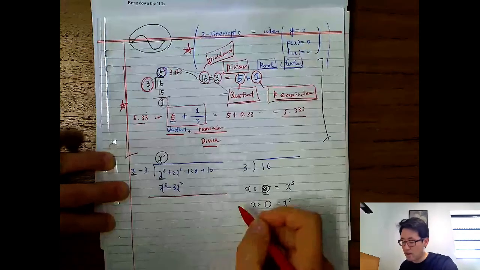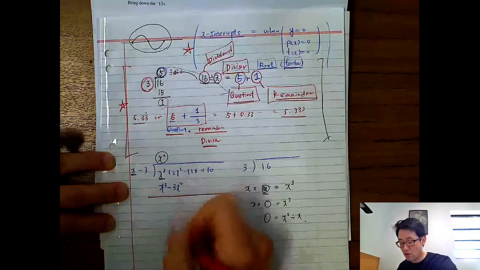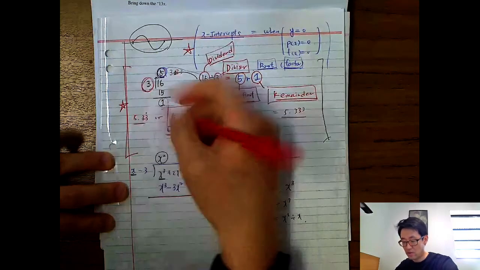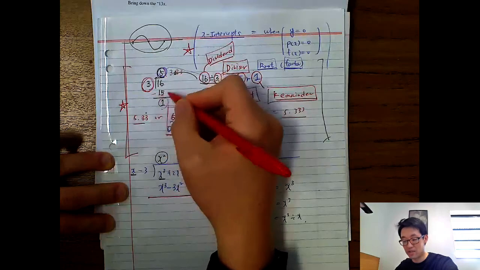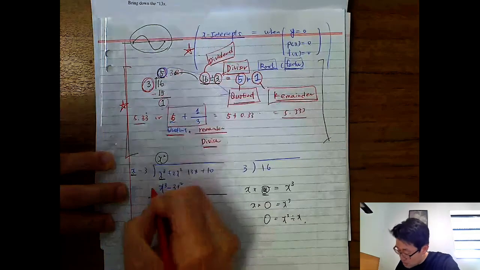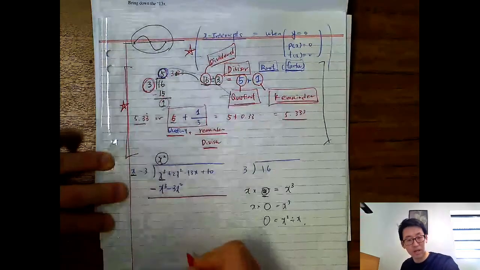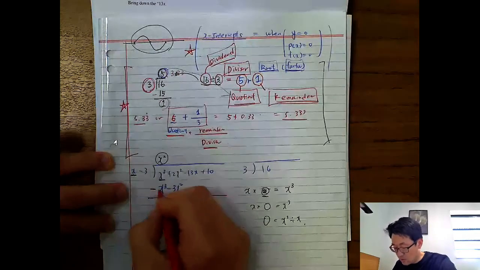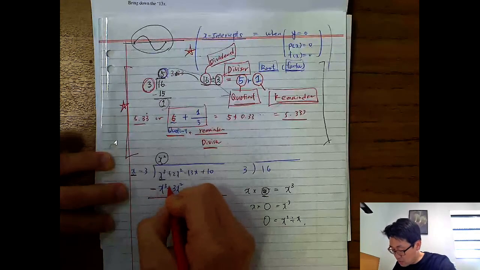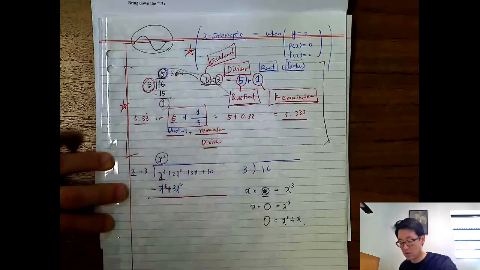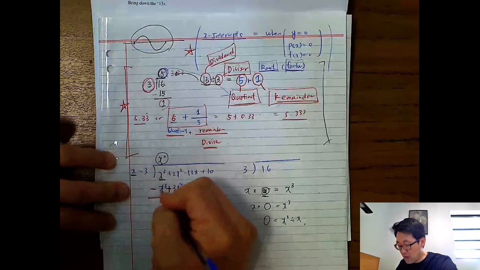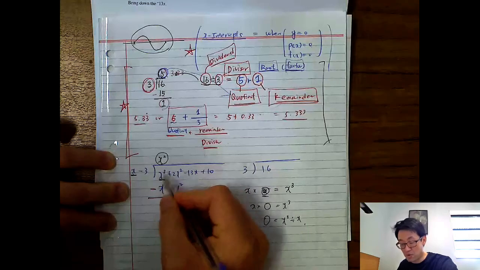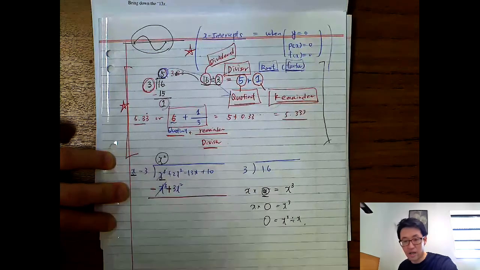And then on top, like usual, 16 minus 15. For the first one, minus becomes positive. x cubed minus x cubed cancels out.